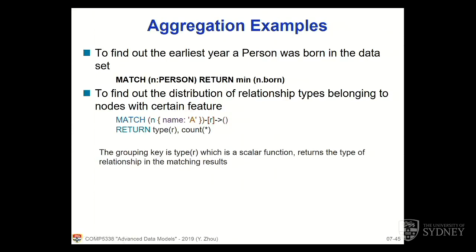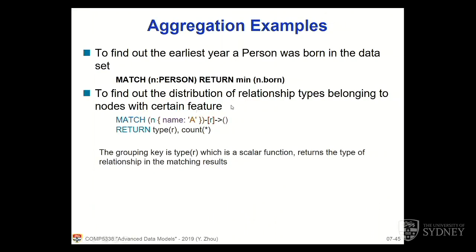So it's like a statistic of all the results. We only put an aggregation function here, which is the minimum of the born year, the earliest year. So it doesn't return the person, it actually returns the earliest year that anyone was born.